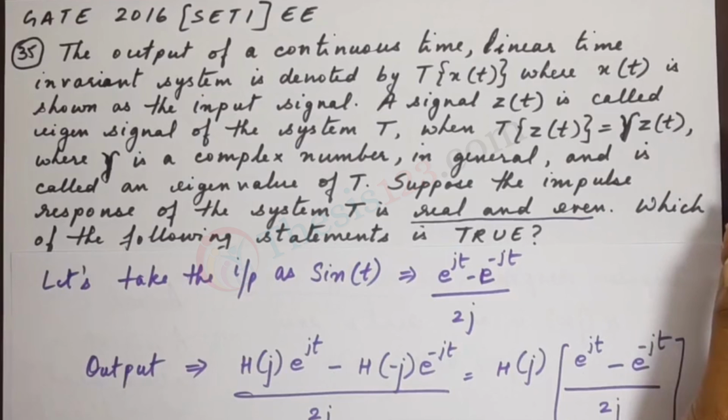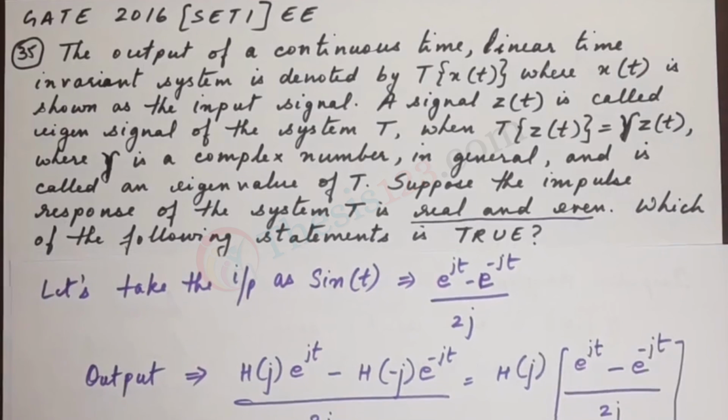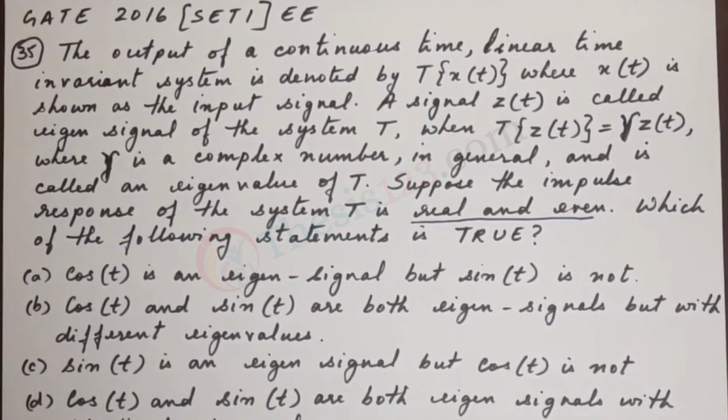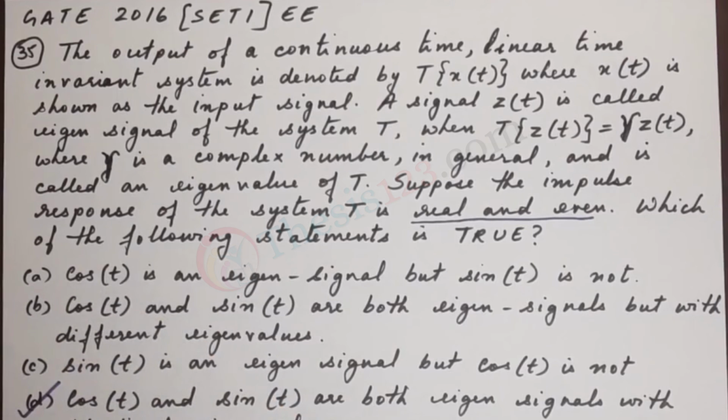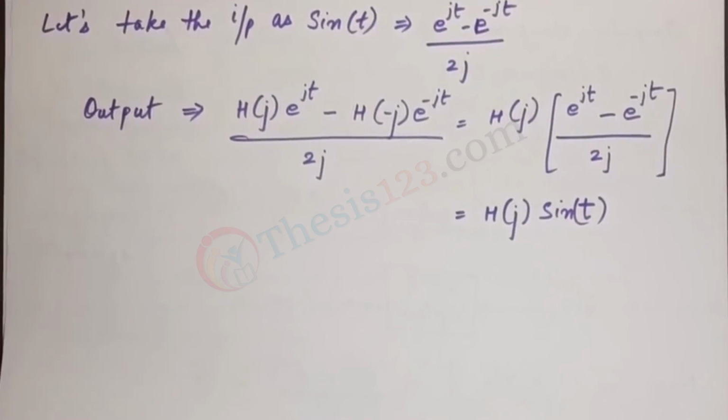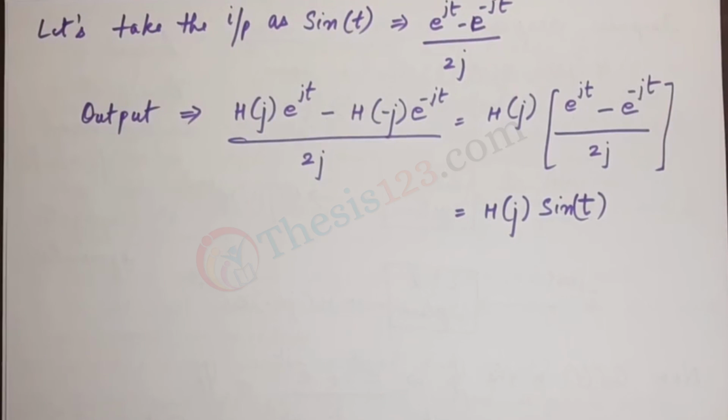So this means that both sin t and cos t are eigensignals and they have the same eigenvalues. So that corresponds to option D here. Cos t and sin t are both eigensignals with identical eigenvalues. I hope this has helped.